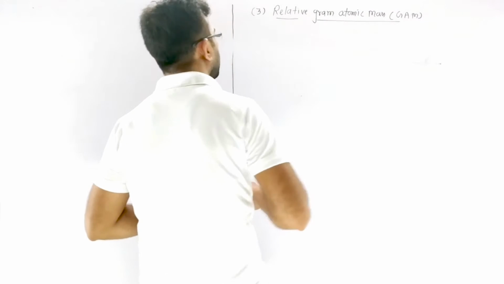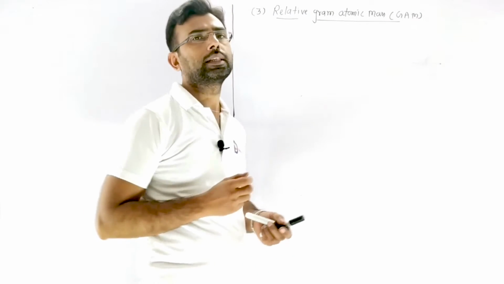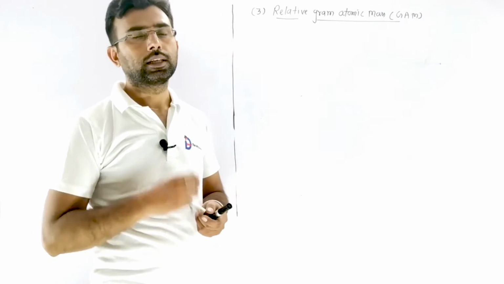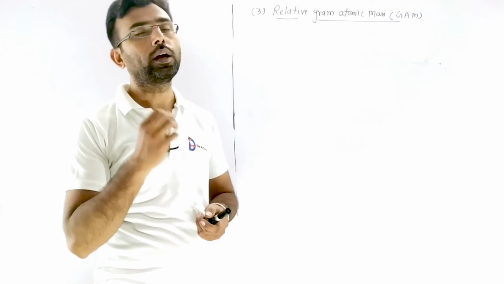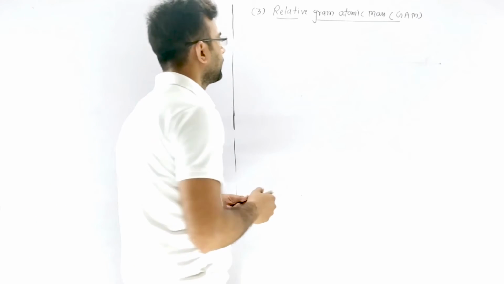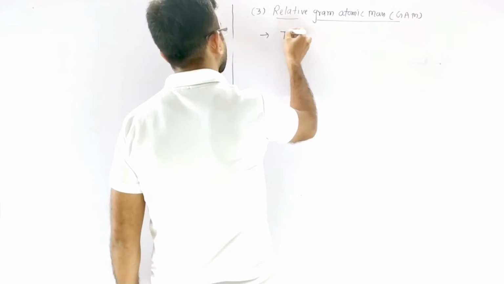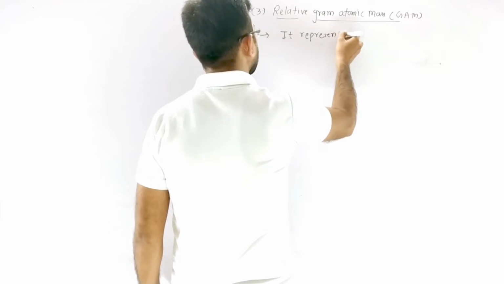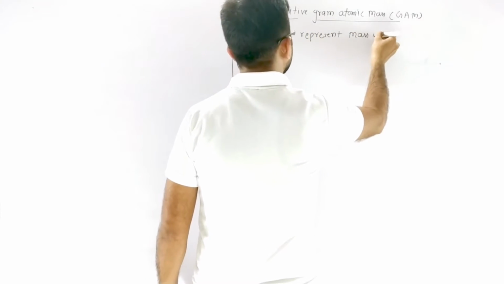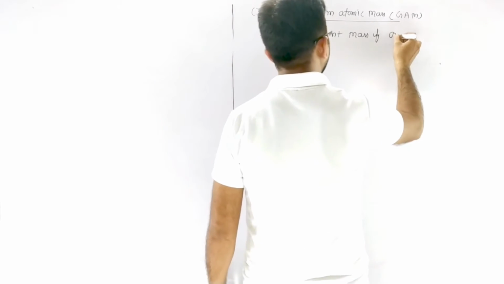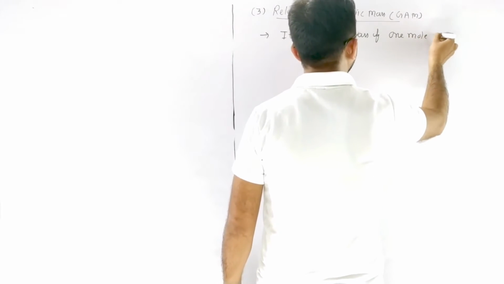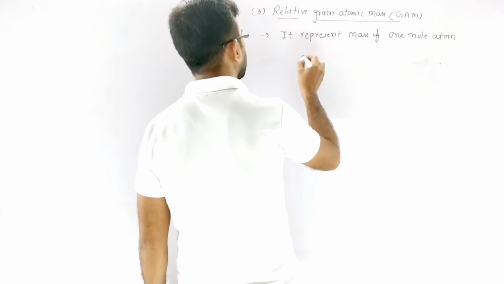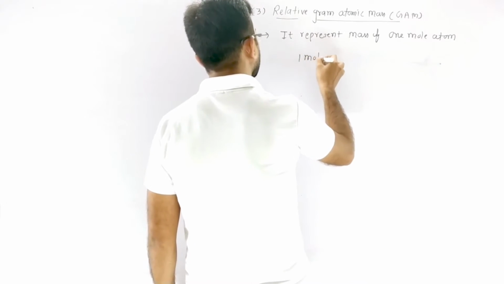We already said that relative atomic mass represents the mass of a single atom, but in the case of gram atomic mass, it represents the mass of 1 mole of atoms. So first we need to know: what is the meaning of 1 mole?